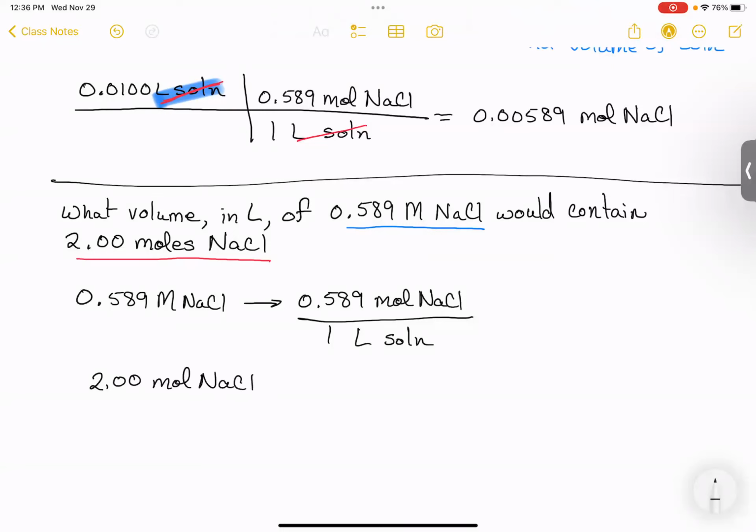Now I need to figure out which of these pieces of information I'm going to start my problem with. Do I start it with the 2.00 moles of NaCl, or do I start it with the 0.589 molar NaCl?